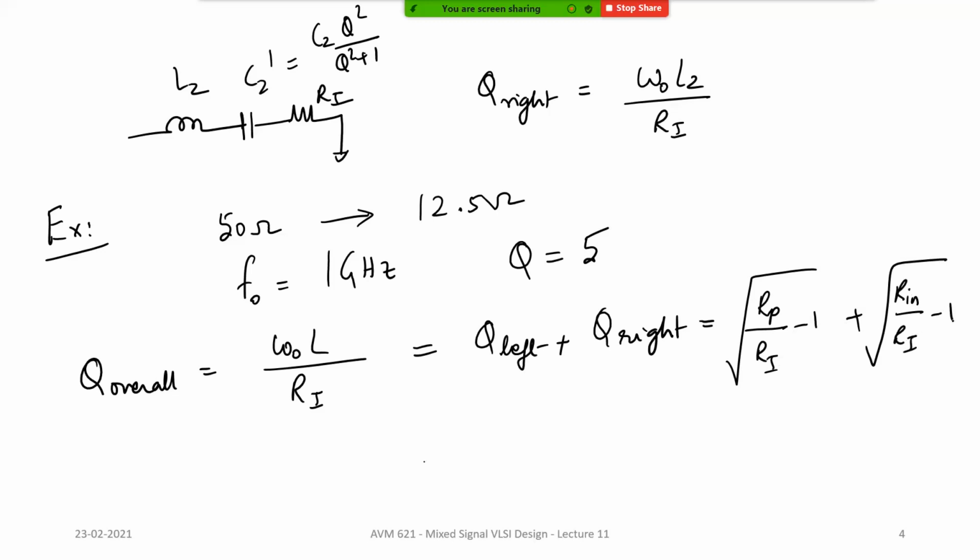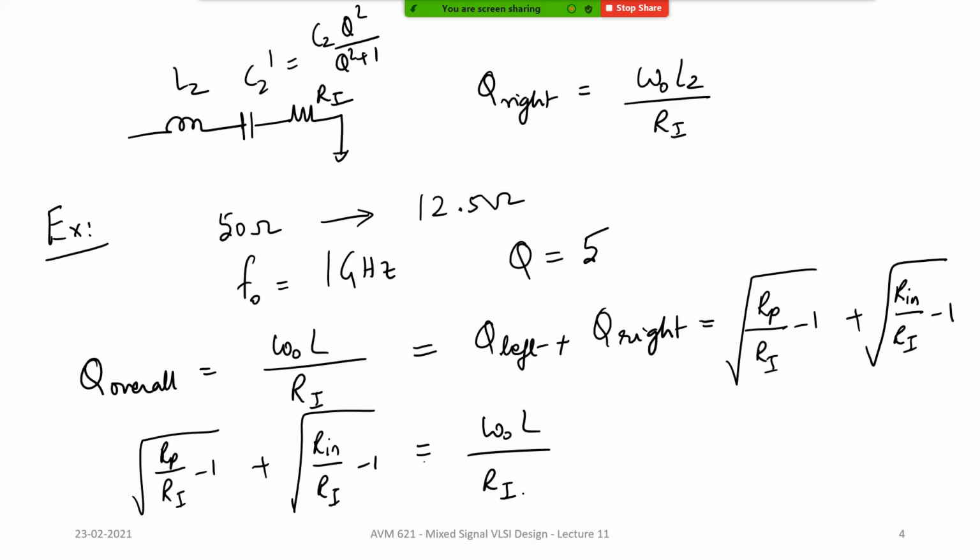If you equate the whole thing, it becomes root of Rp by Ri minus 1 plus root of Rin by Ri minus 1 is equal to omega naught L by Ri. So now you have some terms which are in the power of 2 and so on. An approximate way of writing it is to say this is the overall Q.